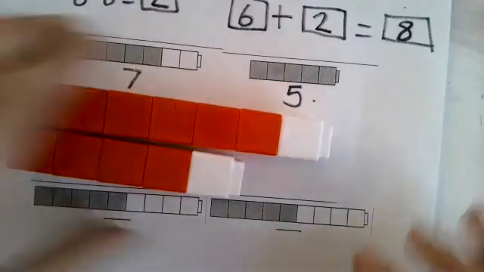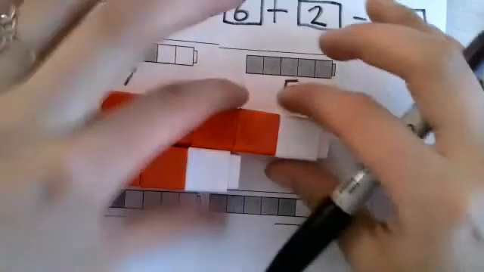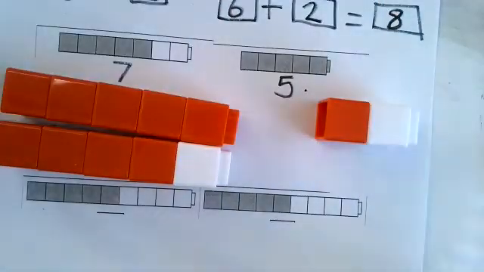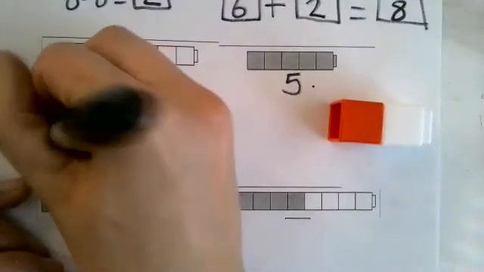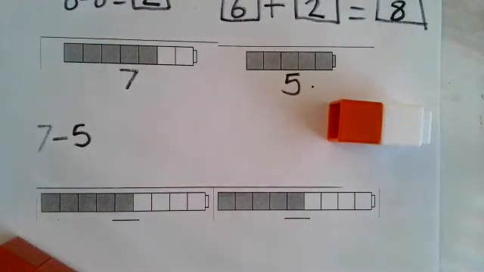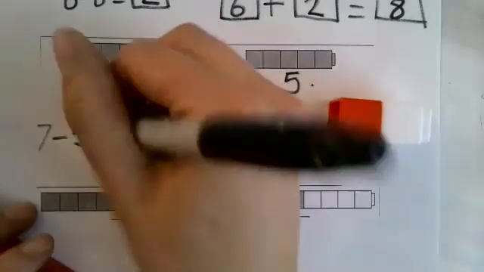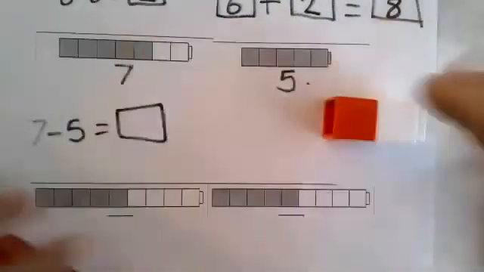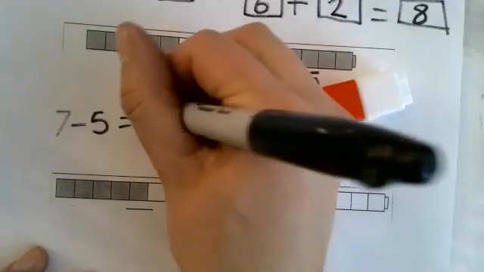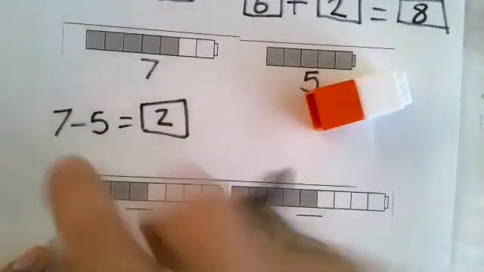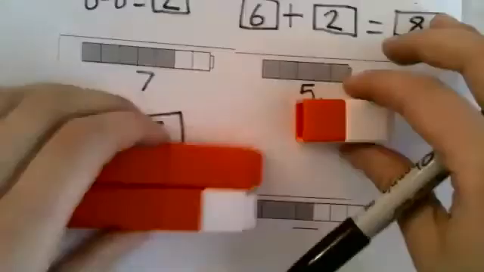Now, make them even and break it off. So, if I were to say 7, take away 5 equals, how many did I just break off of that train? 2. Let's plug it in then. 7 minus 5 equals 2.